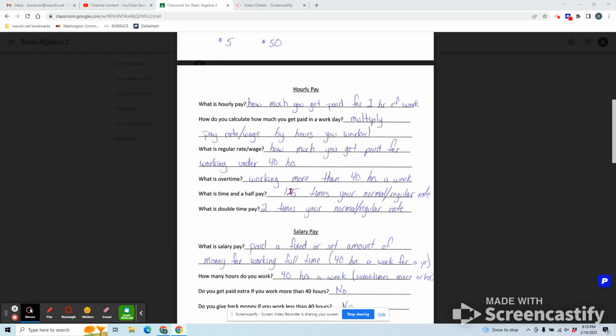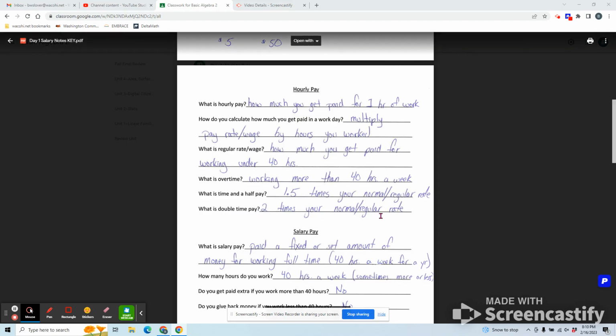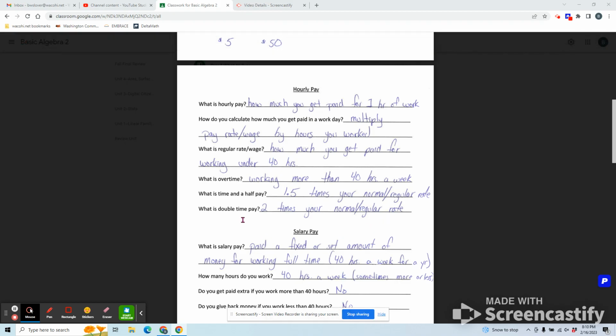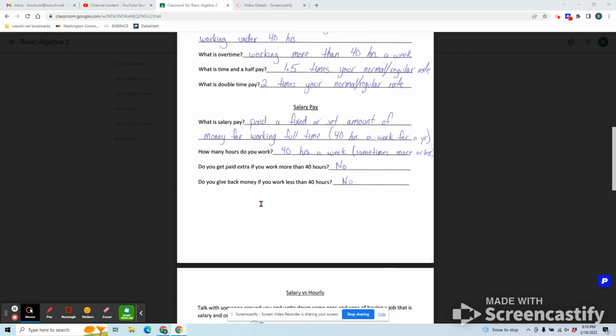So that means I'd be making $15 an hour. You could also be fortunate enough to get double time pay, which is twice your normal pay rate or your regular rate. So once again, if you're making $10 an hour and I times it by 2, I would be getting $20 an hour. So that's hourly pay.